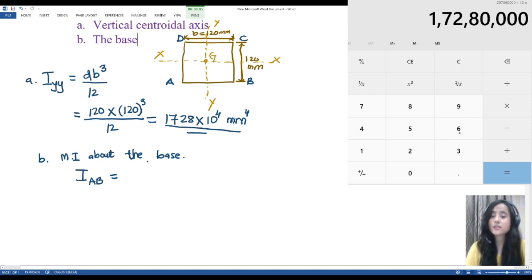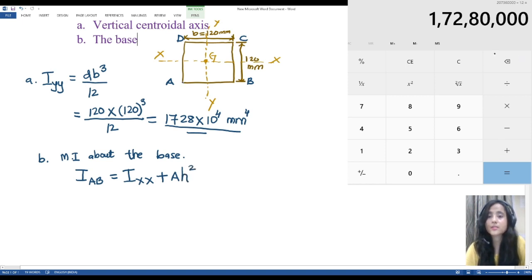So in parallel axis theorem, the formula is IAB equals IXX, because IAB is running parallel with XX axis, plus area of this whole square into its distance squared.